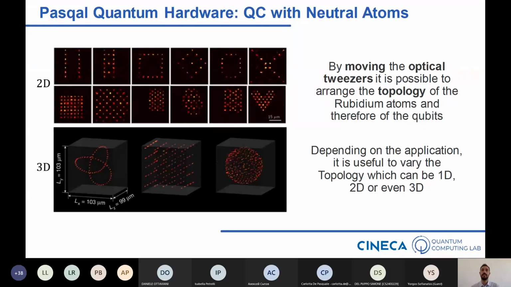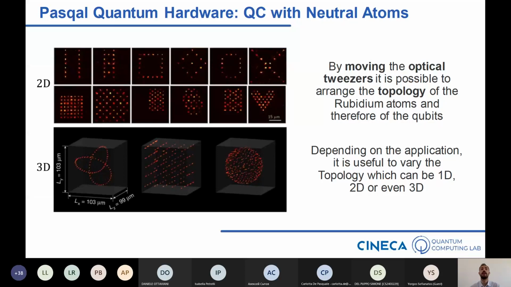And as you understand, this is also a nice thing about quantum hardware that uses atoms, because you can move them and make them interact in the way you want. So you can arrange different topologies.